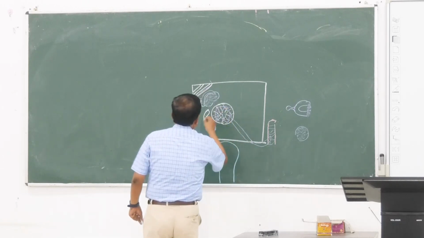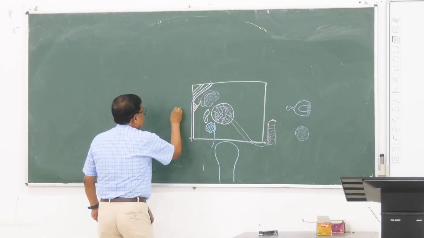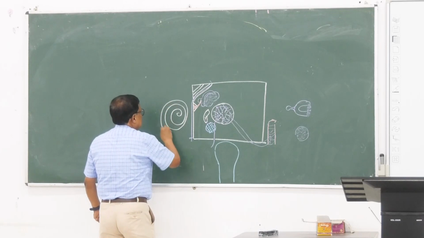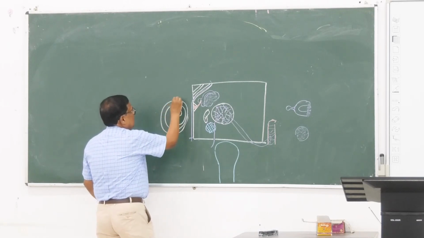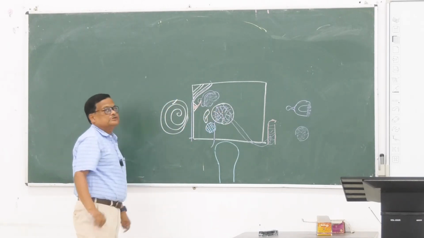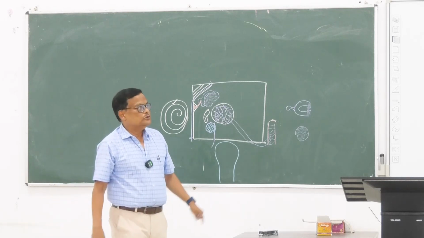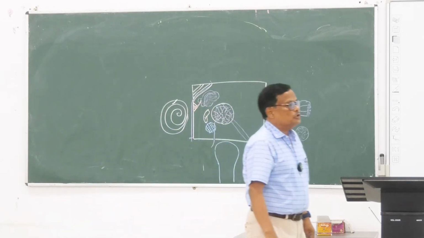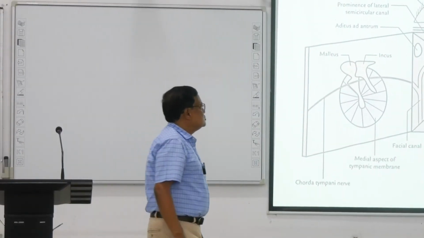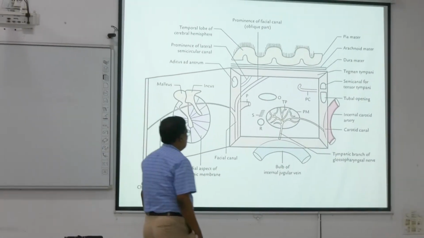This first turn produces this elevation. So this is the lateral wall.